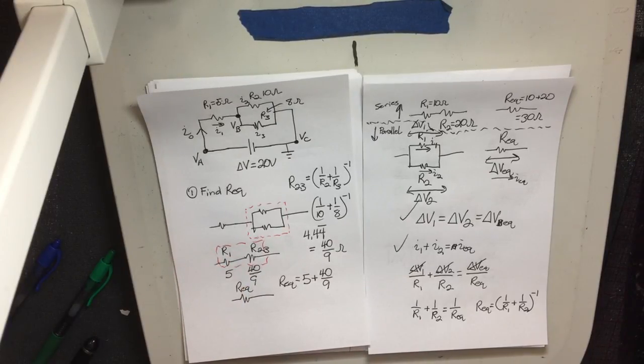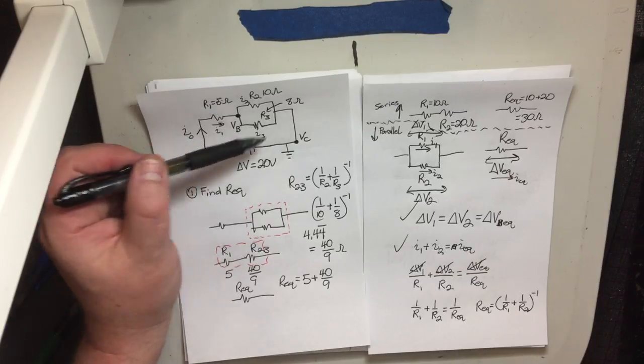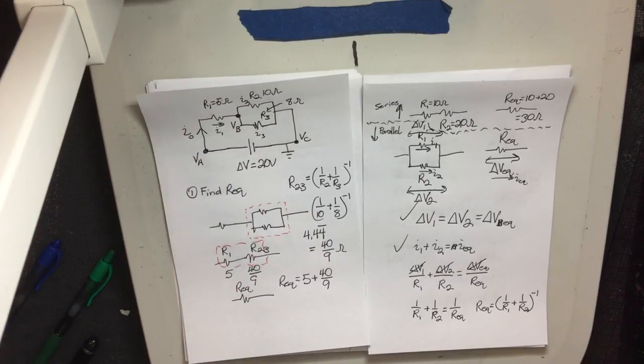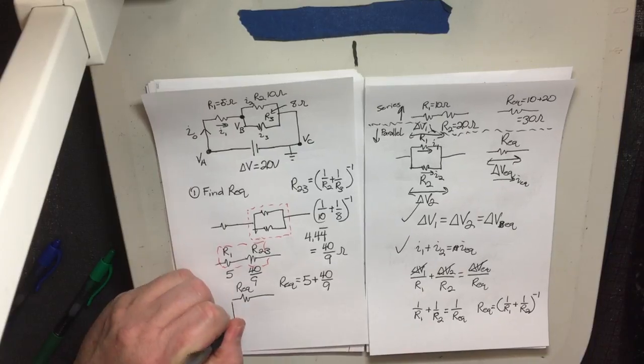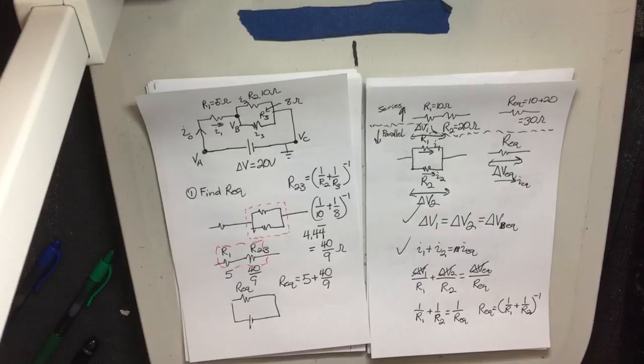So is REQ just like combining all the R's? Yes. Hypothetically, it's the equivalent of if I took those 3 resistors out of the circuit and I replaced them with REQ, it's the same thing.